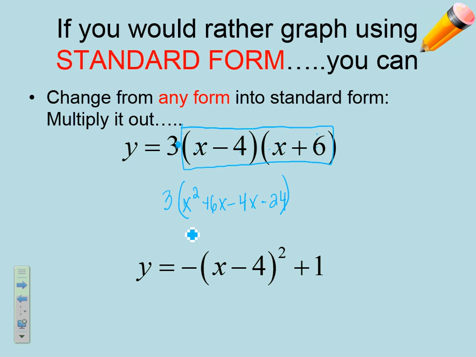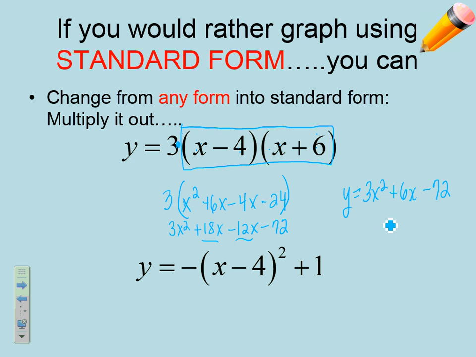So I would get 3x squared plus 18x minus 12x minus 72. And I would add like terms. So y equals 3x squared plus 6x minus 72.